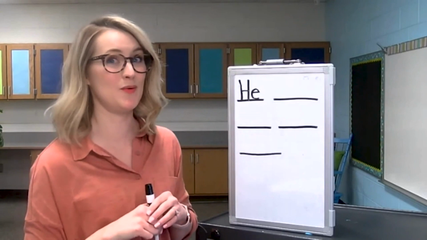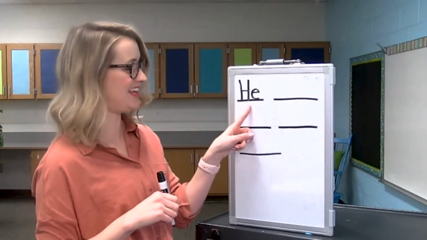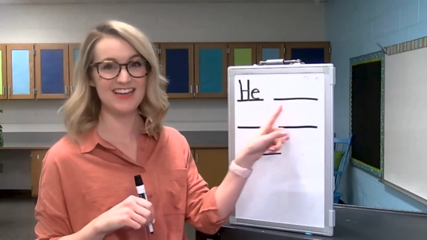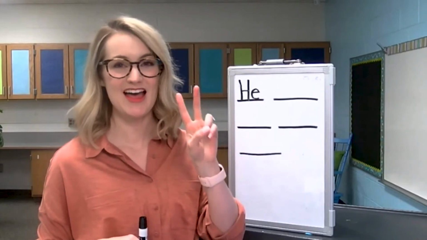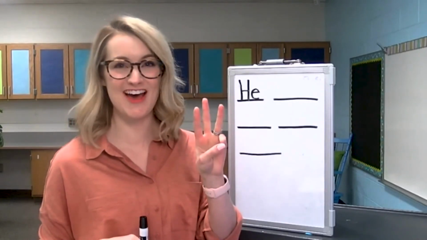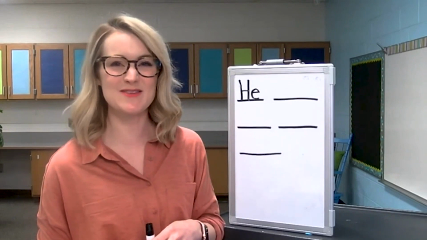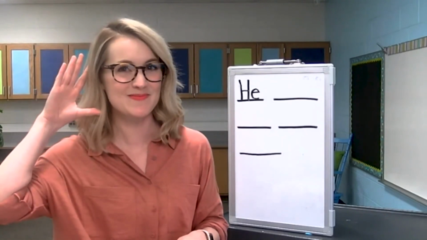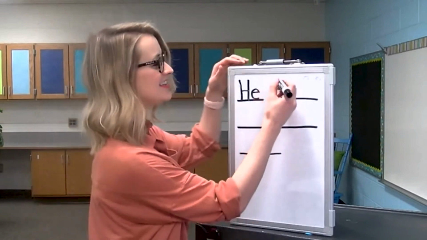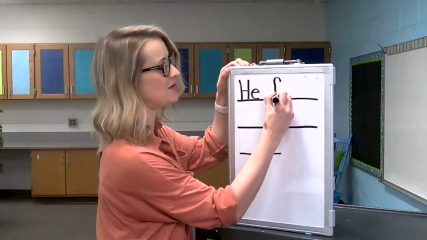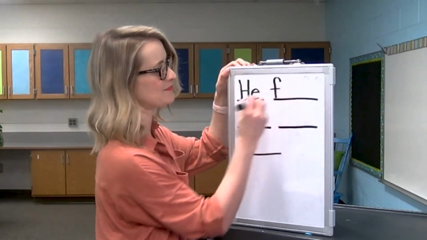All right, let's read what we have so far. He fell. Let's listen for the sounds in the word fell. F, eh, fell. What sound do you hear at the beginning of that word? Yes, an F. Let's start at the top, curve around, go down, and slide over.